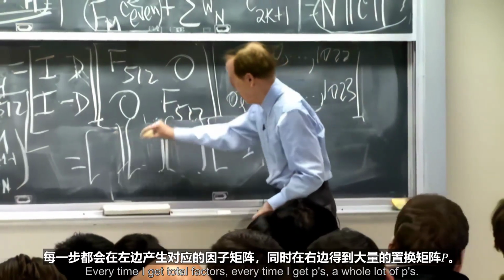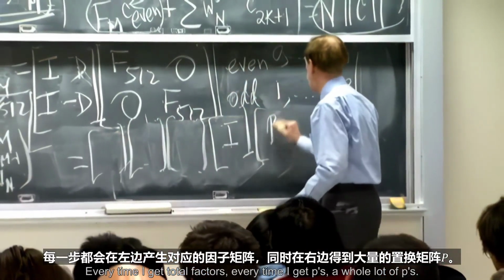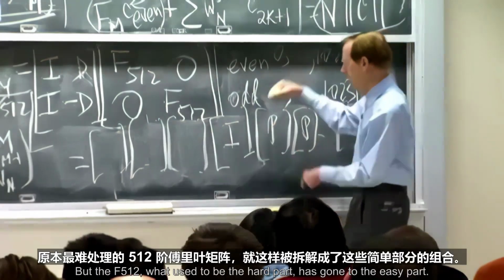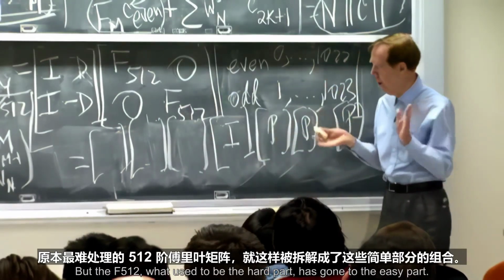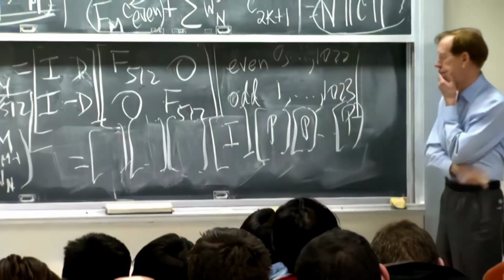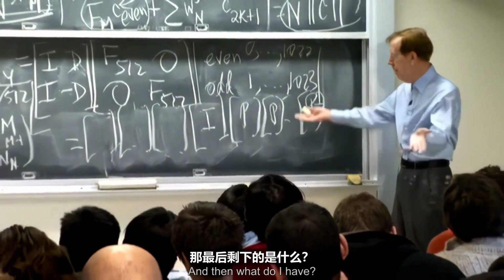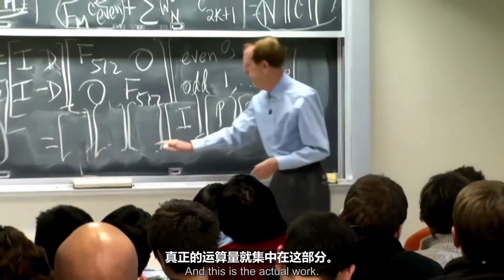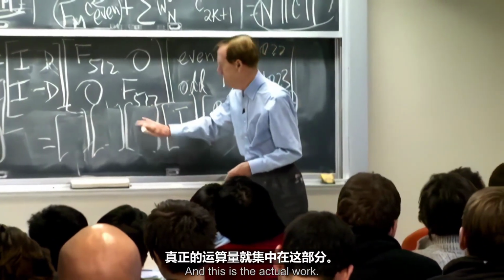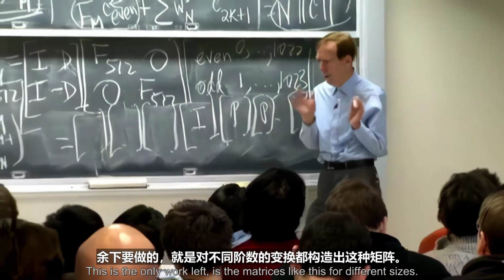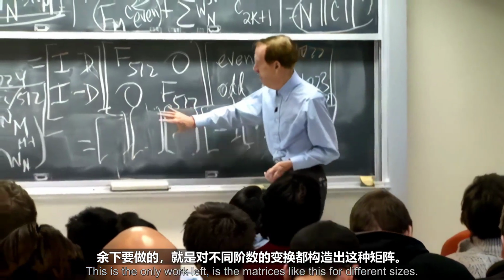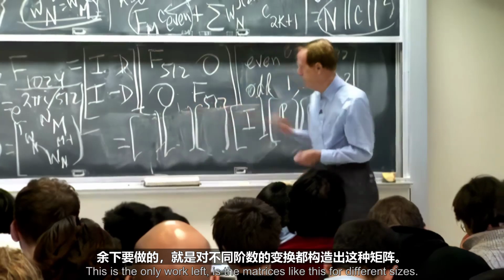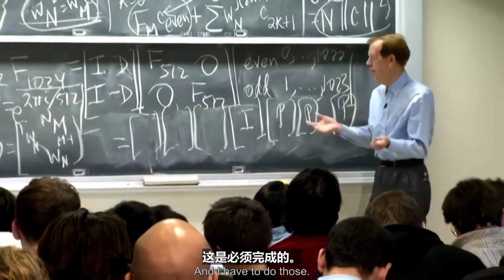Every time I get twiddle factors, every time I get P's, a whole lot of P's. But the F512, what used to be the hard part, has gone to the easy part. And then I've got just a permutation there. And this is the actual work. This is the only work left, the matrices like this for different sizes. And I have to do those.